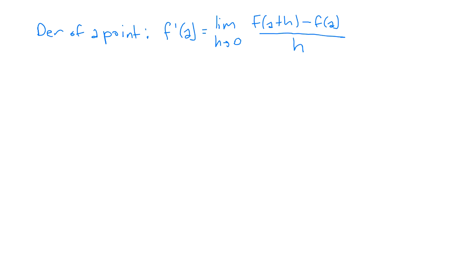So hypothetically, we could plug in any value we want for A, and we can get some number out that tells us what the derivative of the function is at that point. It'll give us some sort of number.